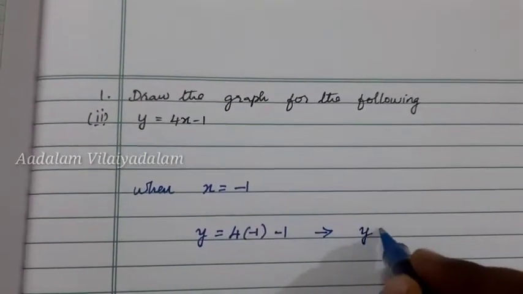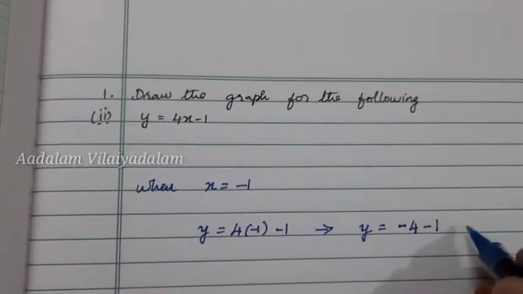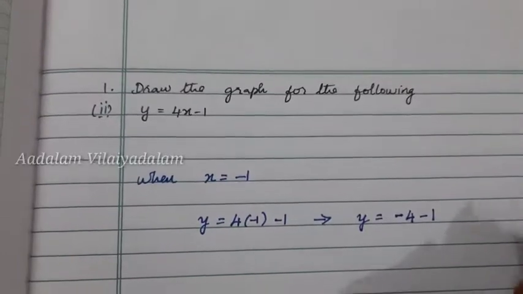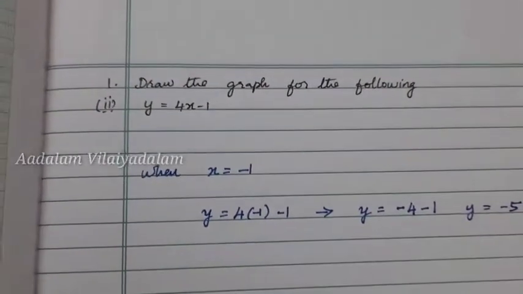So therefore we get y equal to minus 4 minus 1. Then addition of these two negative numbers, we get y equal to minus 5.